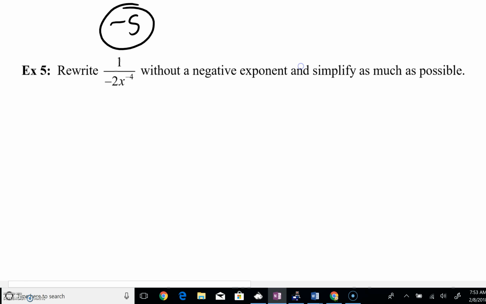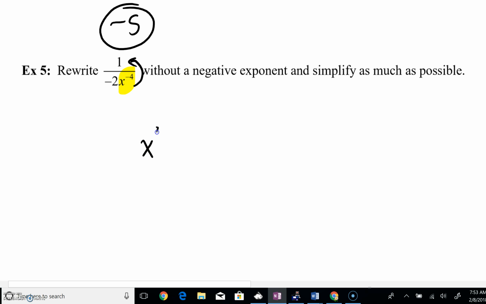Last one, number 5. I hope you're noticing, guys, that there's only one thing with a negative exponent. One term with a negative power. And anytime you've got something with a negative power, you've got to change the floor it lives on. You're going to move this up.